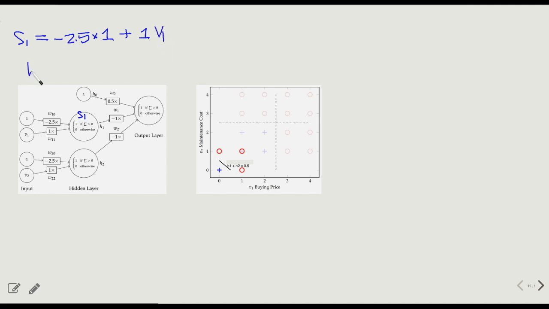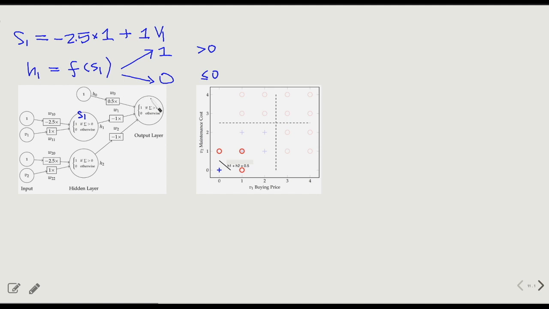Okay, and H1, the output value, activation value for hidden node 1 is a step function of S1, which is going to return 1 if S1 is greater than 0, and return 0 if it's less than or equal to 0.